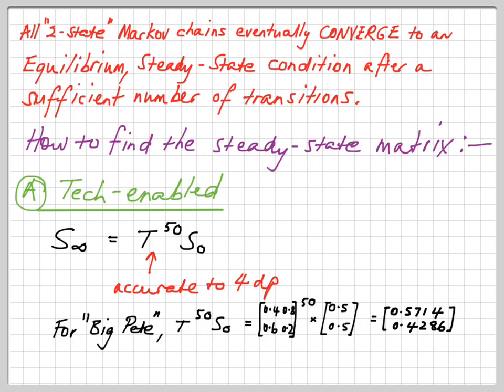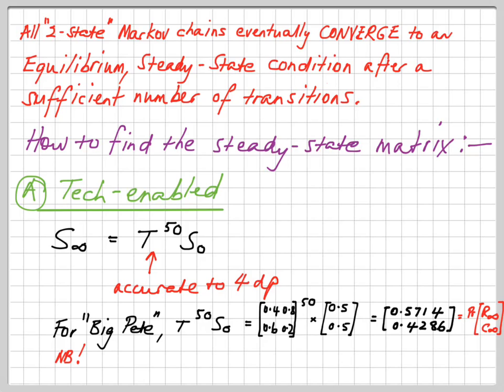Of course, we did it on the previous screen. 0.5714. Well, it's a bit more than half. I think poor old Big Pete's going to get fit, probably reasonably fit, with that kind of probability. What do you think? Pretty good. And that's R, I called it R infinity, the probability of R infinity, C infinity, or not R infinity, okay? That's really what we're doing there. So that's a quick way to do it, okay?